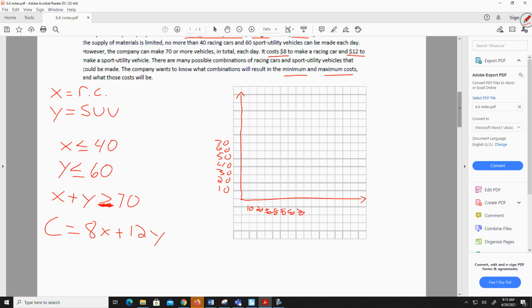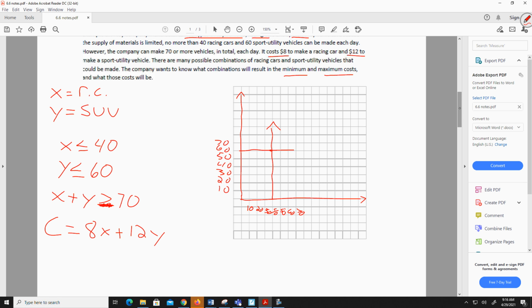So this guy here, it's going to be that nice straight line there. Y is equal to or less than 60. All right, so we got a point of intersection. And then x plus y is going to be greater than or equal to 70.